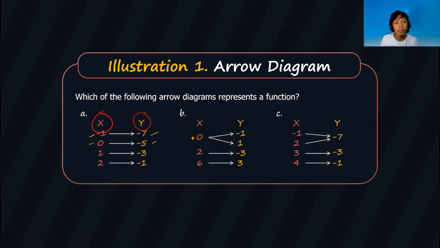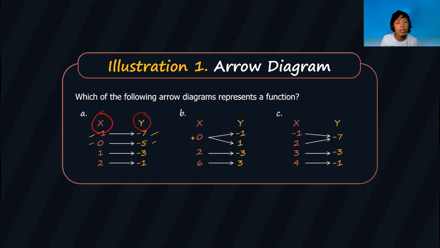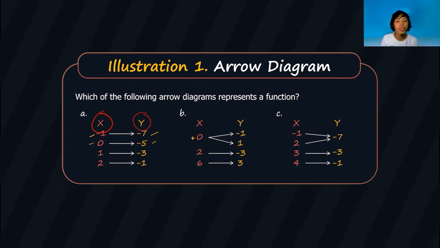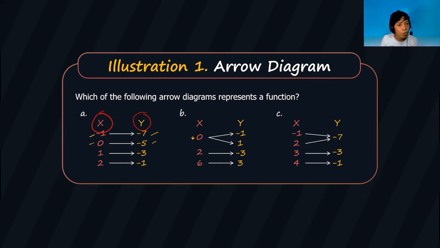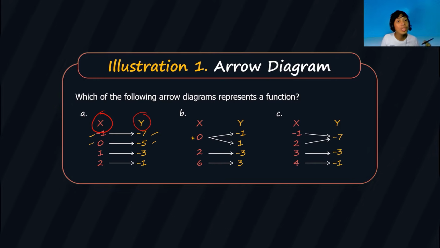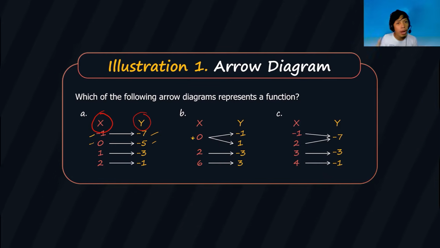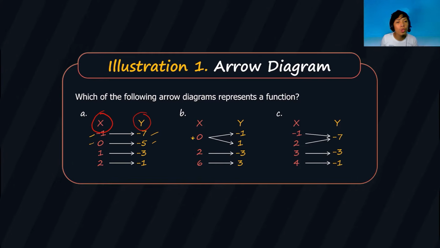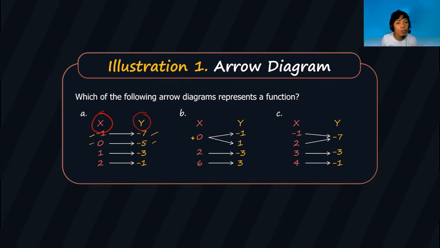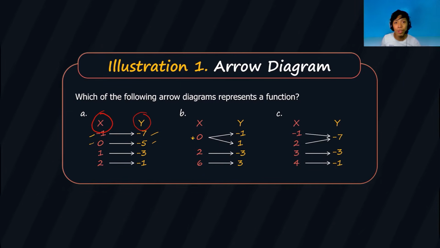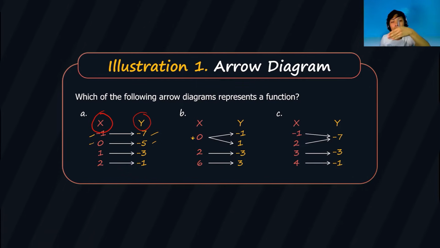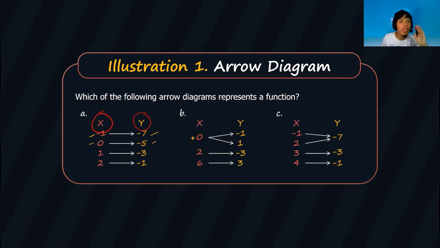How about letter C? Let's check. -1 corresponds to a single output, which is -7. 2 corresponds to a single output, which is -7 also. Although -1 and 2 correspond to the same output, since each only corresponds to a single output, letter C is still a function, because by definition, as long as every input corresponds to a single output, it's a function.